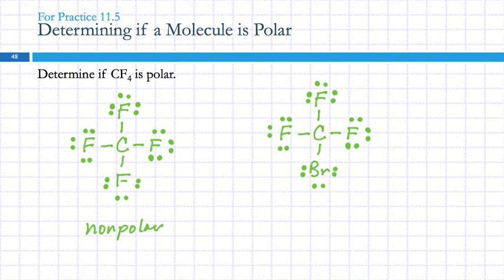No. The bromine is different, right? So these 3 dipole moments, these 3 vectors, are all going to have the same magnitude, but this one is going to have a different magnitude. And so now it's not going to add up to 0 anymore. We don't need to think about what it's going to add up to, just that it's non-zero. So this is going to be a polar molecule. One end is going to be more positive and one more negative. Any questions?